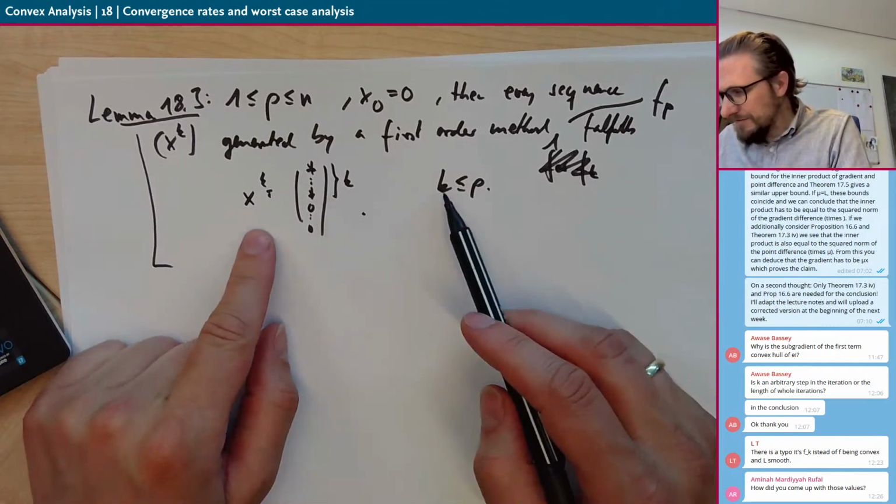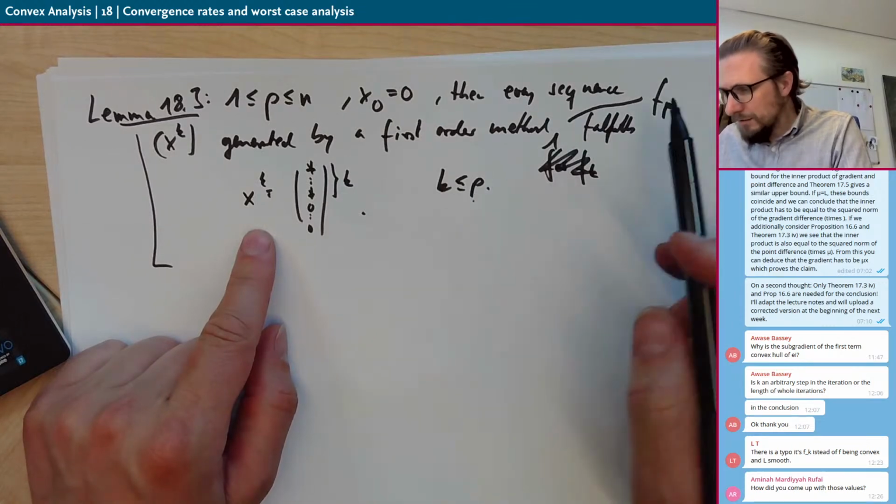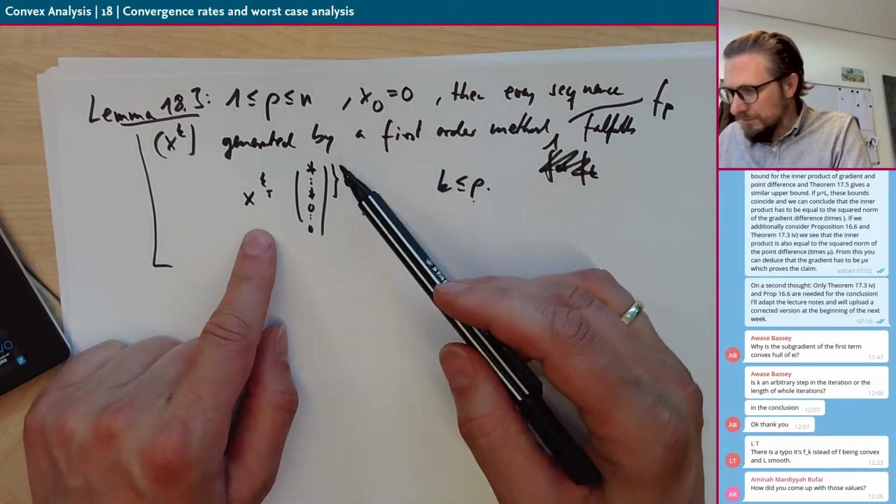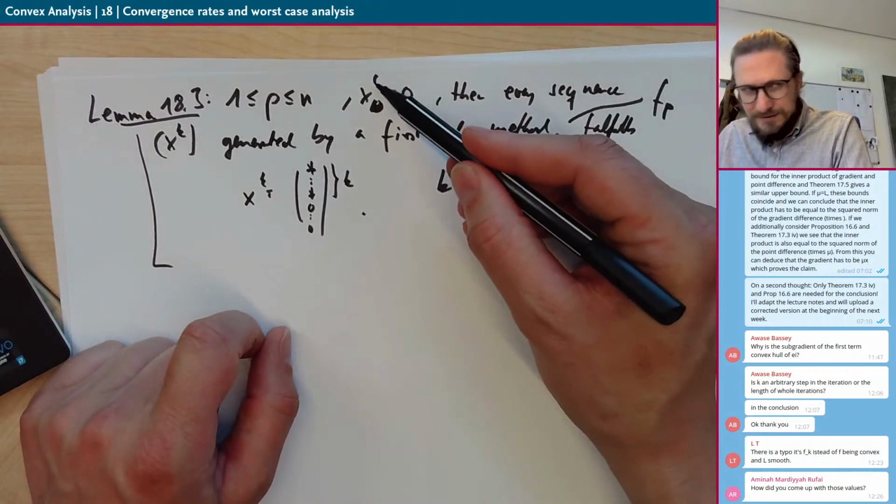And if we do iterations up to the number p, then we see if we start at 0, and actually the 0 should have been an index like that.